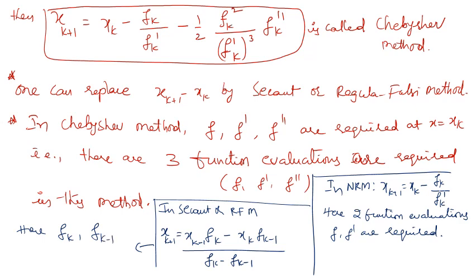Values at xk and xk minus 1 are needed, but only one function, that is f, is required.